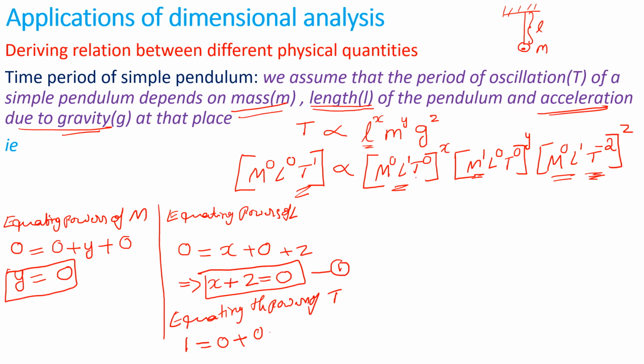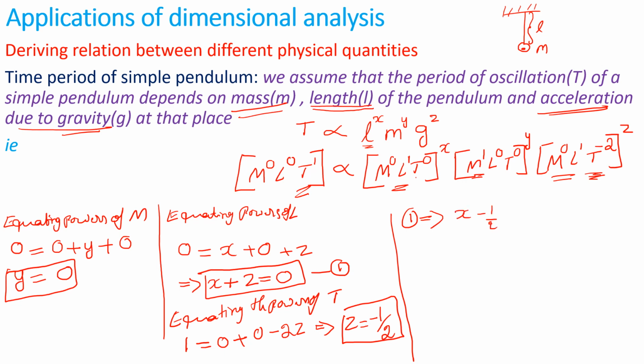That means I can write minus 2z. So we will come across the value of z. From this equation, z is equal to minus 1 by 2. Is it not? So we got the value of z. Substituting this value of z in equation 1, x minus half is equal to 0, or x equal to plus half.